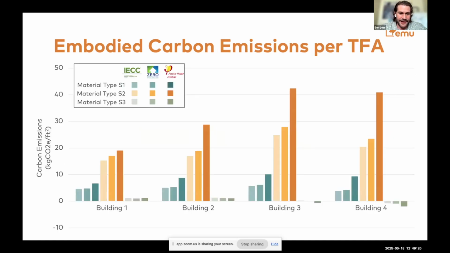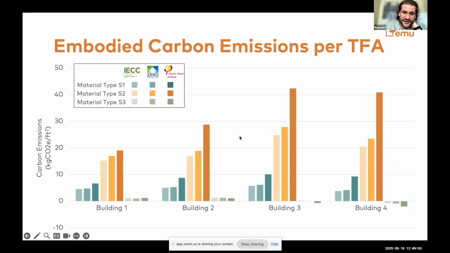So here's an example looking at all 4 buildings with all 3 material types at each standard. So you can kind of read the code here. The medium color is the net zero ready. The darker color is passive house. And you can see the total carbon emissions per square foot of TFA. So this is normalized for the size of the building.